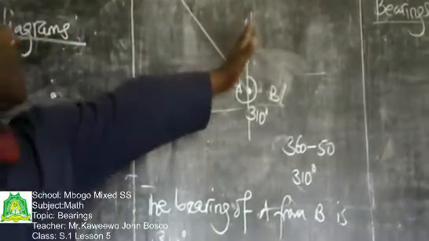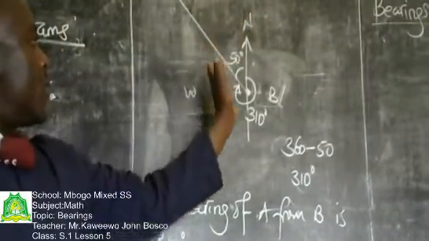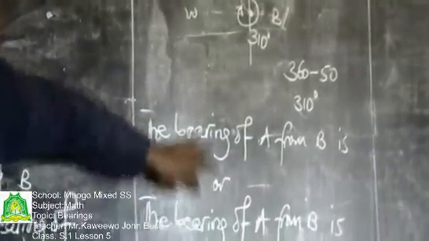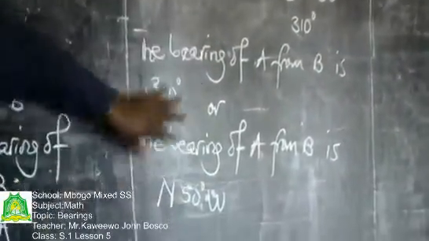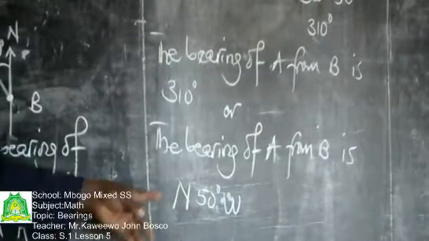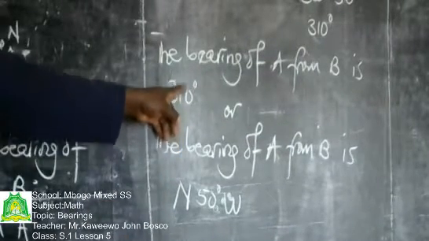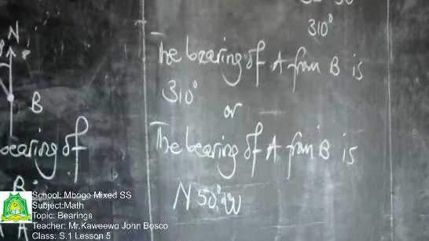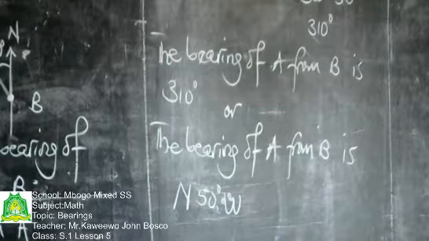These two bearings give exactly the same answer. You may find in some textbooks where they commonly use this, but this is the same as that. Now, this is the answer to Roman 1.